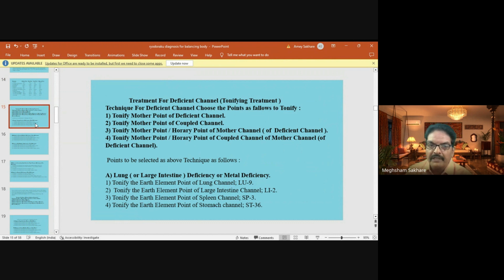Tonify the mother point or horary point of the mother channel of the deficient channel. Tonify the mother point or horary point of the coupled channel of the mother channel of the deficient channel. This means points are to be selected as above when the metal is deficient.